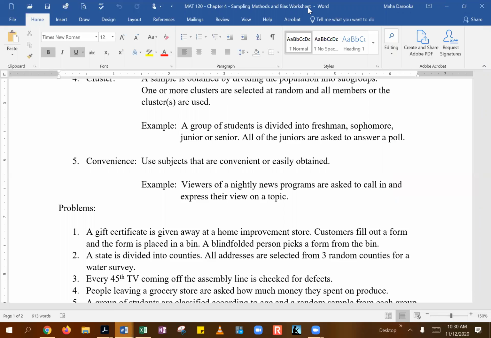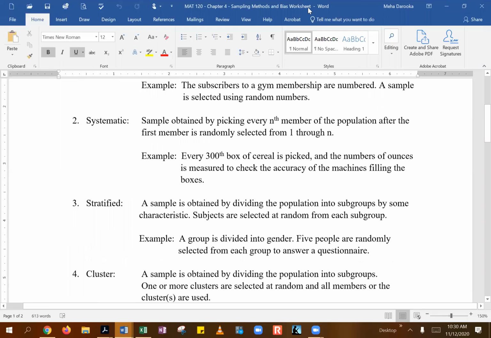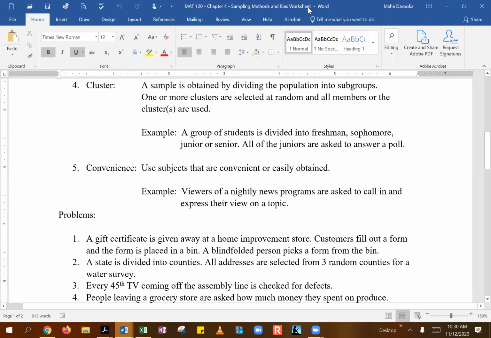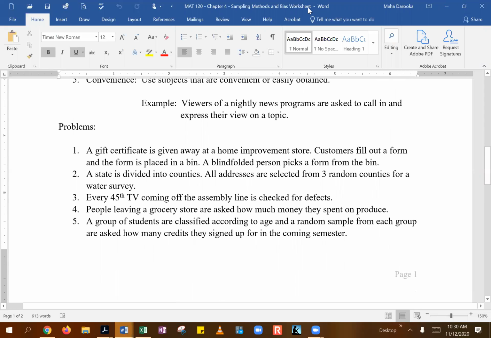So let's take a look at these examples over here and let's try and decide out of these 5 different sampling methods, which one do they have? The first one here is talking about a gift certificate given away at a home improvement store. Customers fill out a form and the form is placed in a bin.